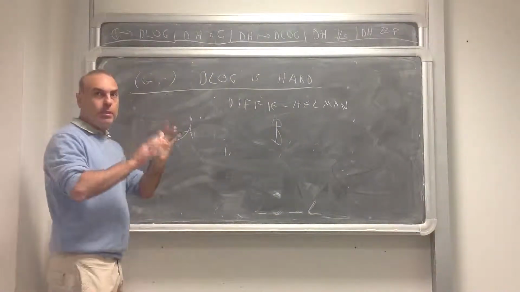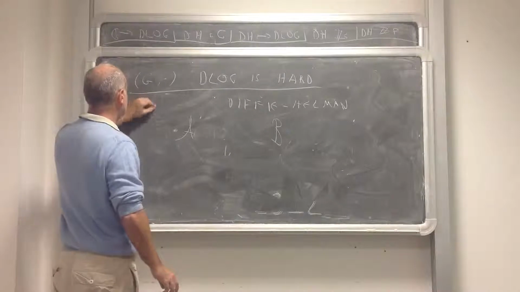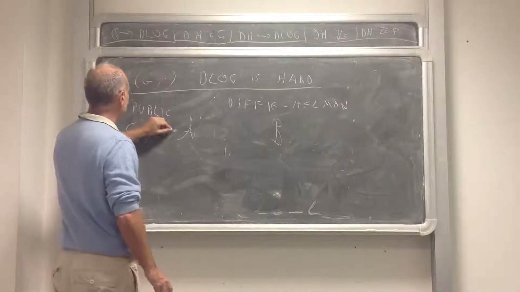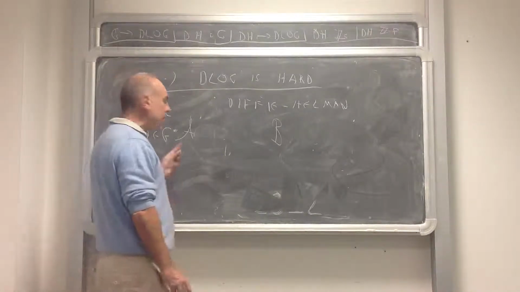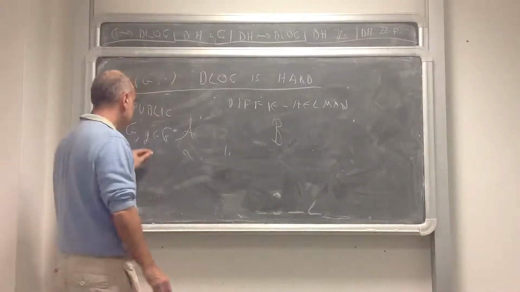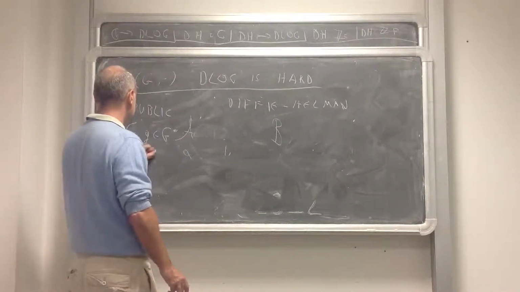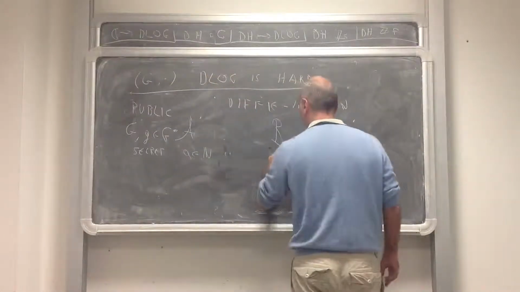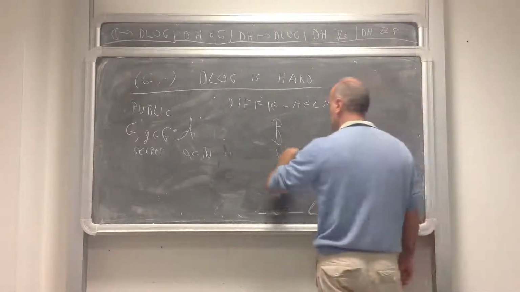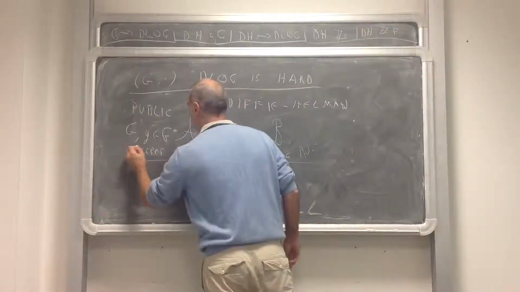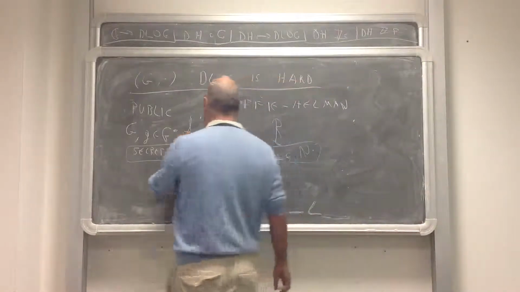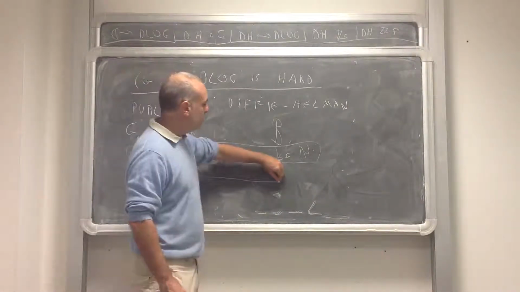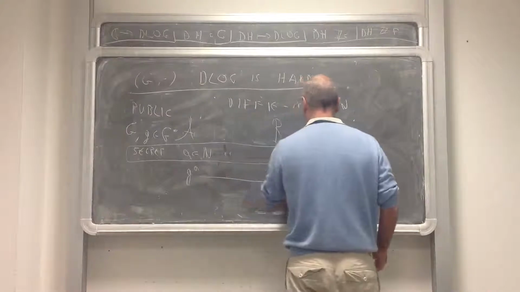In public we decide on a group, G. We decide on an element of G. Now Alice chooses in secret a number A, and Bob chooses B, another number. And these are secrets. Then Alice computes G to the A, so the powers, and sends it to Bob. And this happens in public.